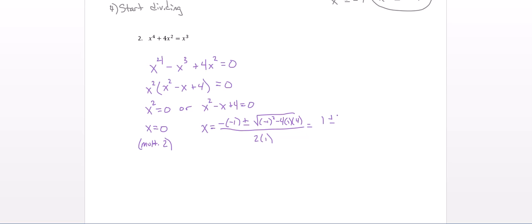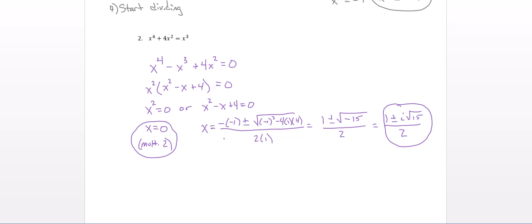That's 1 plus or minus the square root of 1 minus 16, which is a negative 15, over 2. 1 plus or minus i square root of 15 all over 2. So I only have 3 zeros because one of them happens twice. So x equals 0 will happen twice.